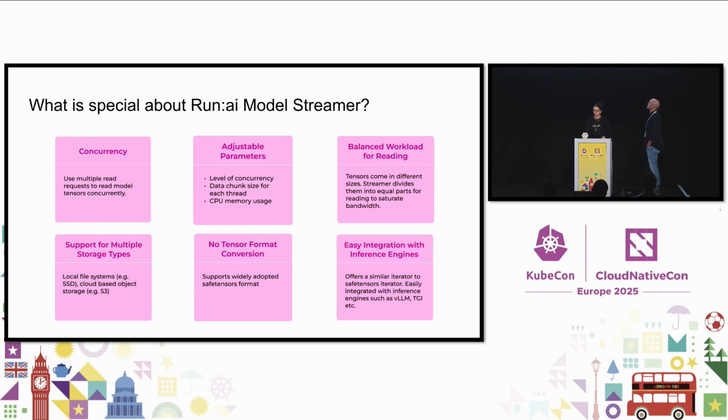And we created the Run AI Model Streamer in a way that it is actually a safe tensors iterator. So it's very similar to how the safe tensors iterator, the traditional version of loading models, works. So you can easily integrate it with inference engines such as VLLM, TGI, etc., whatever you are using.